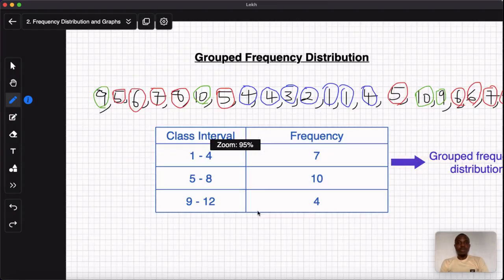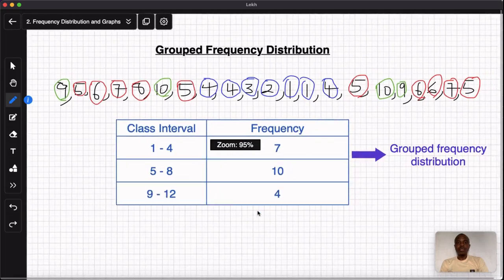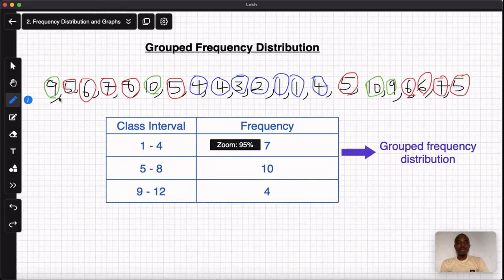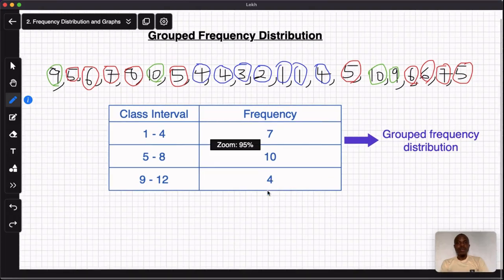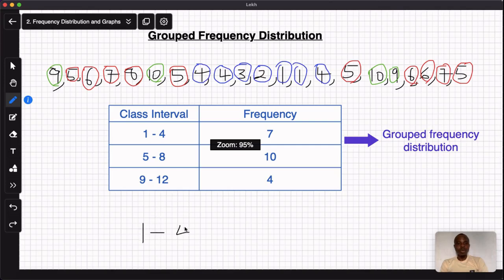All right, now, the grouped frequency distribution. Assuming that our data is something like 9, 5, 6, and all of that till the end here, then we may decide to categorize them and count. For instance, we may say 1 to 4. When I say 1 to 4, that means 1 inclusive, 2, 3, and then 4.